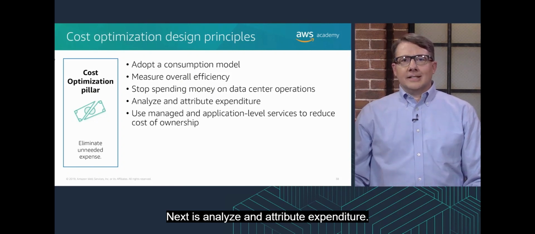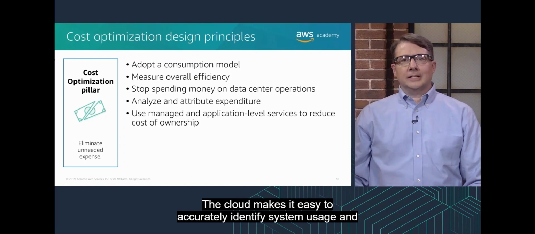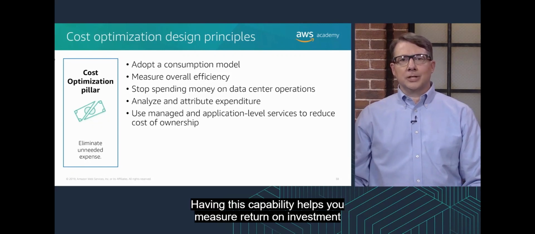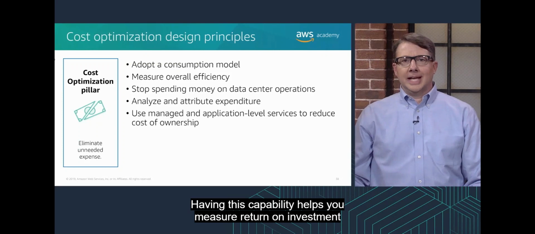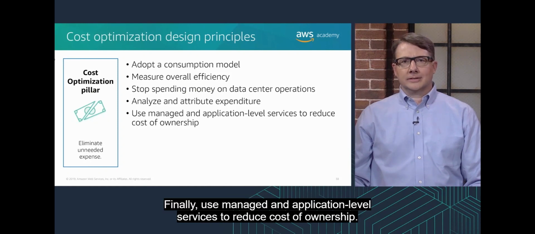Next is analyze and attribute expenditure. The cloud makes it easy to accurately identify system usage and costs and attribute IT costs to individual workload owners. Having this capability helps you measure return on investment and gives workload owners an opportunity to optimize their resources and reduce costs.